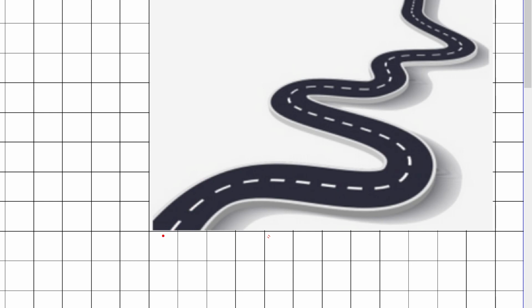For example, from point A to point B the car is traveling at 30 meters per second. From point B to point C, it's traveling at 20 meters per second. From point C to point D, it's traveling at 15 meters per second. So the speed of the car is changing along this road from A to B, B to C, C to D.